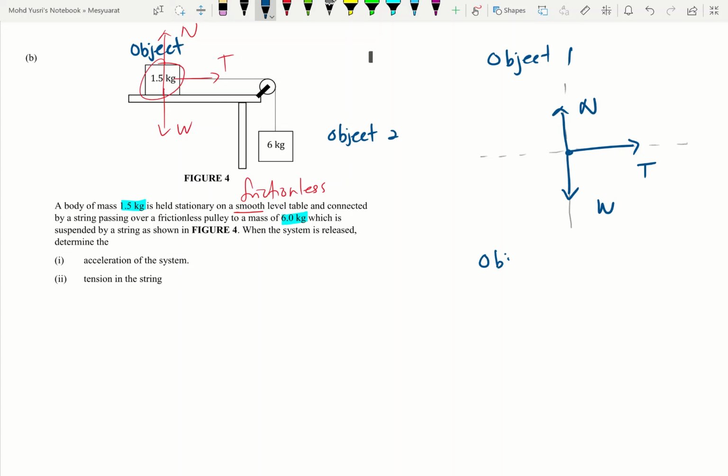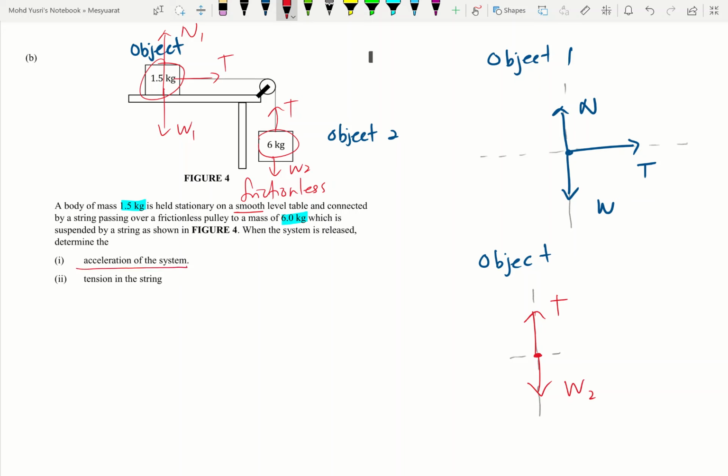For object 2 it is simpler, because you only have tension and weight 2. So this is weight 1, this is N1. For object 2 it's just the y component. We have tension and weight 2. We want to find the acceleration of the system.